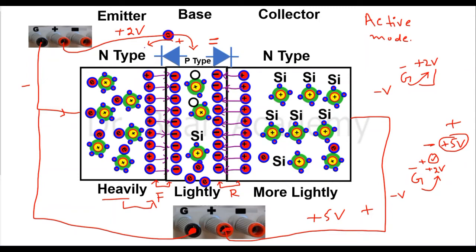So there is no chance that it can ever cross the junction. In fact, it will just go away from the junction. But if electrons exist on the p-type or the base, to these electrons there is no problem, they will just cross, because to them it is like forward biasing.